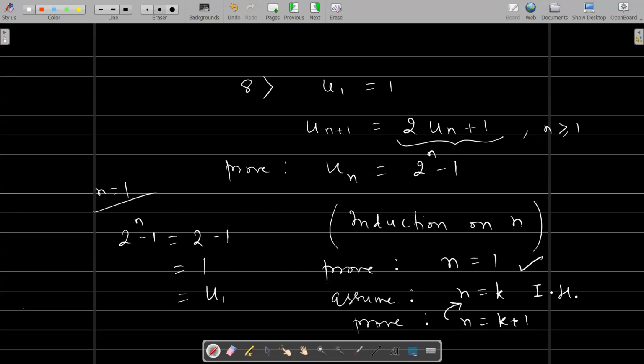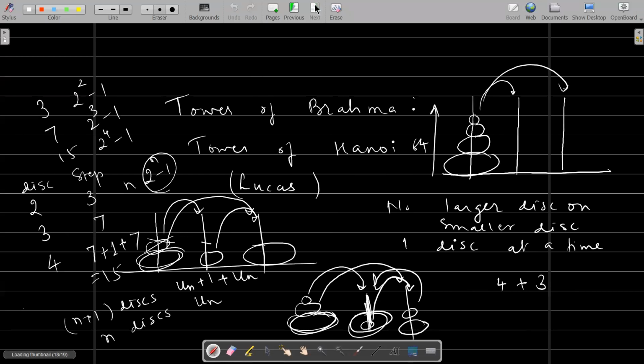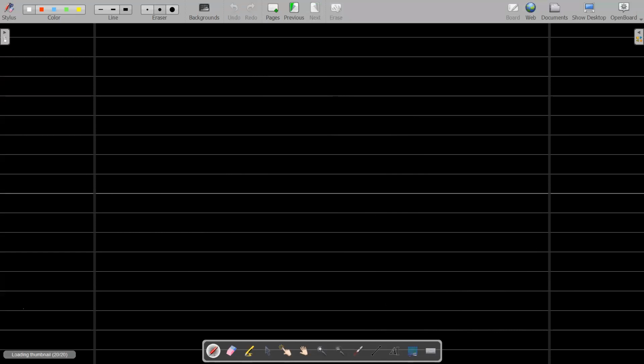So we have u_k equal to 2 raised to k minus 1. That's our induction hypothesis. And we have to prove u_(k+1) is 2 raised to k plus 1 minus 1.